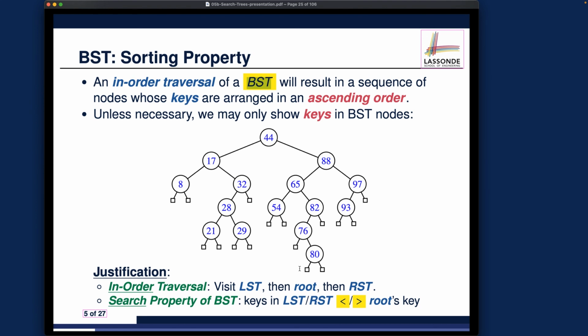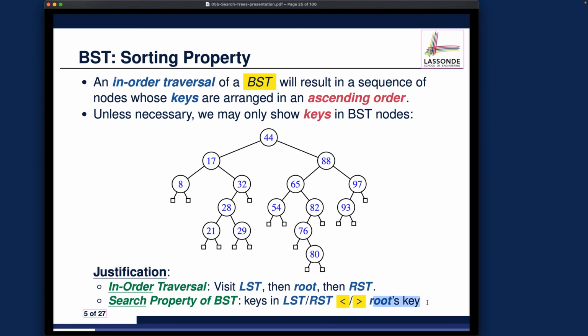And we know by definition for the binary search tree, all the elements in the left subtree have their key values strictly less than the root's key, and symmetrically the keys for every node in the right subtree must be strictly larger than the root's key, right? So these are two very important aspects you want to think about. They very often work together. One is about in-order traversal, and the other one is about the search property for the binary search tree.